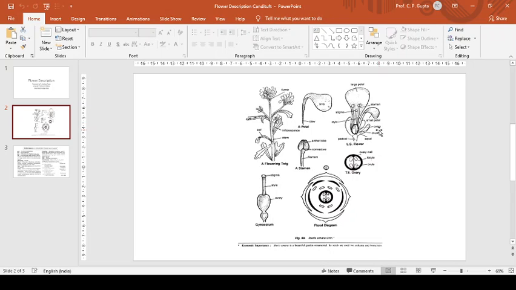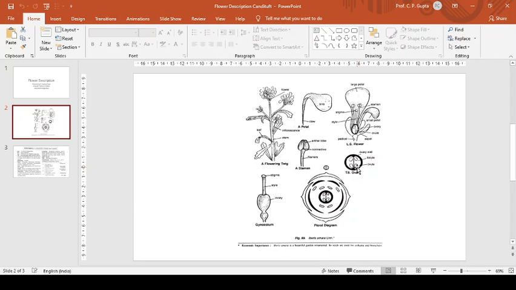Bicarpellary, syncarpous. This is bicarpellary, syncarpous, superior. Here we can see the position of the ovary, which is superior to other floral parts. So ovary is superior. Bilocular due to the formation of a false septum.